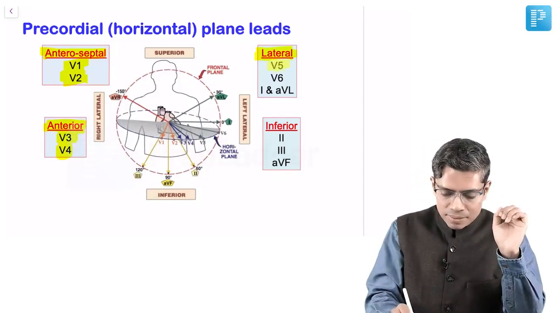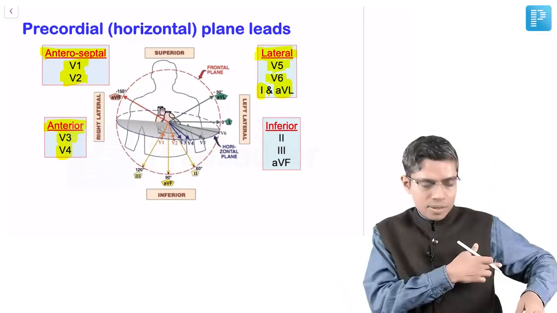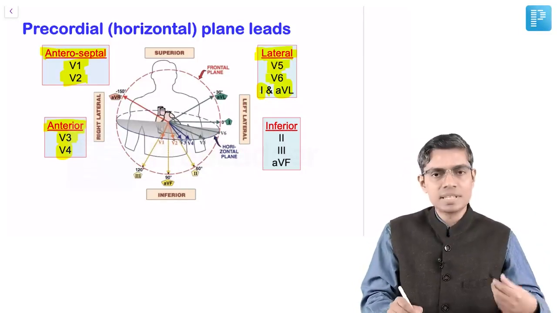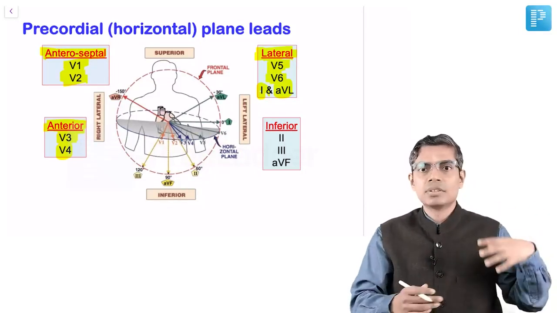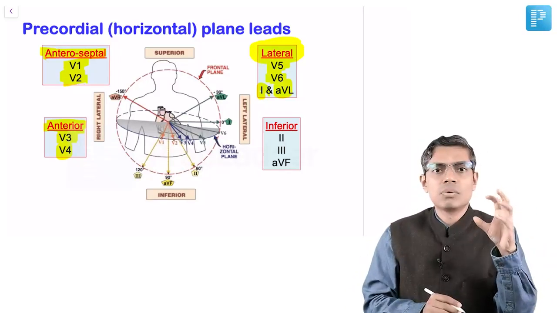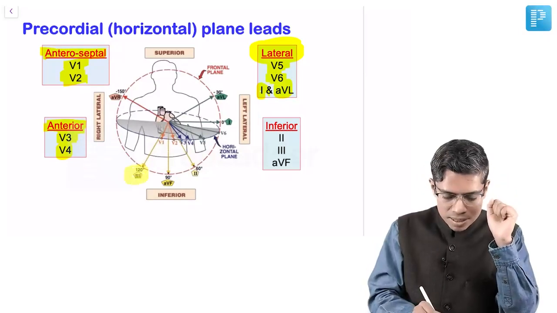Lateral wall: V5, V6, lead 1 and AVL. You have to imagine lead 1 in this direction, AVL in this direction. So AVL, V5, V6 are all left-sided leads. That's why they are giving you information about the lateral wall of the heart. And the inferior wall, very easy. Lead 3 is here, lead 2 is here, and AVF is here.